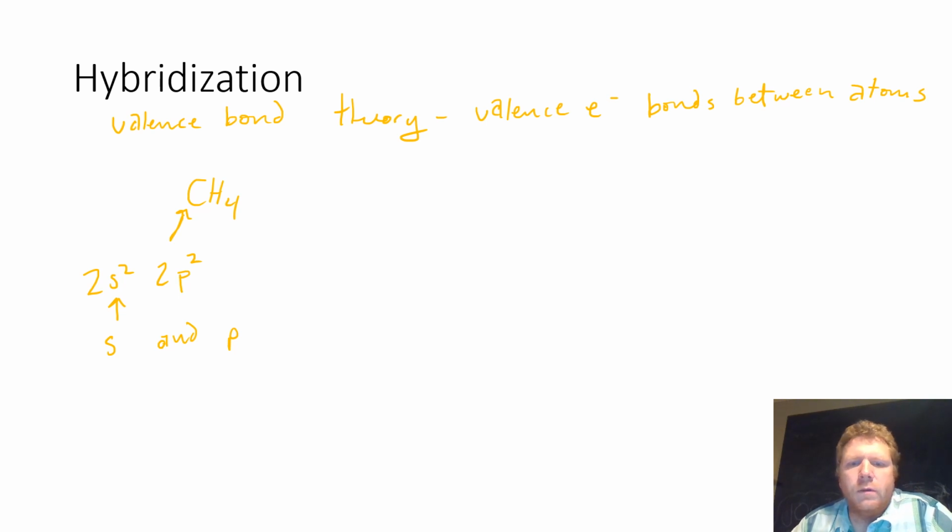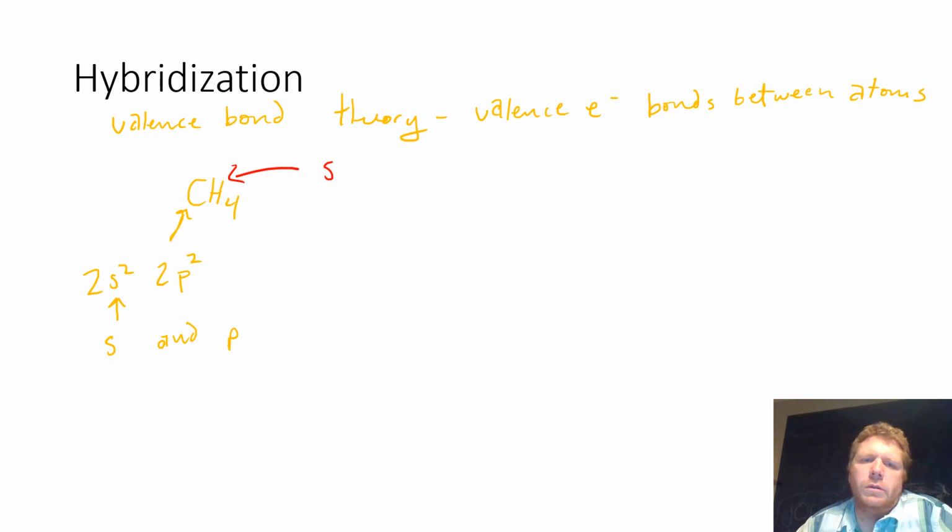Hydrogen, from the other vantage point, is only bringing in s electrons. So we need to utilize the placement of the valence electrons in carbon and get those to match up with our s electrons from hydrogen.